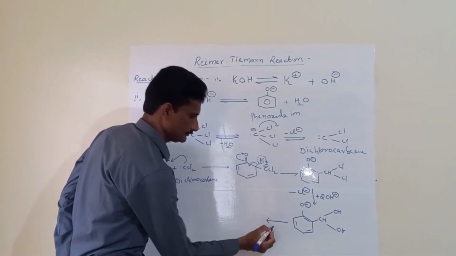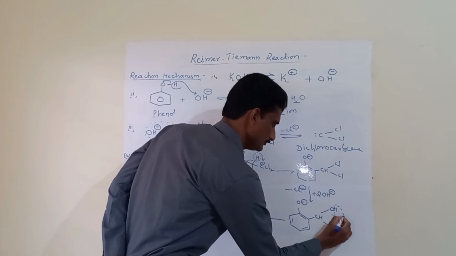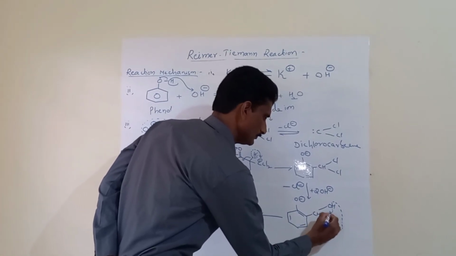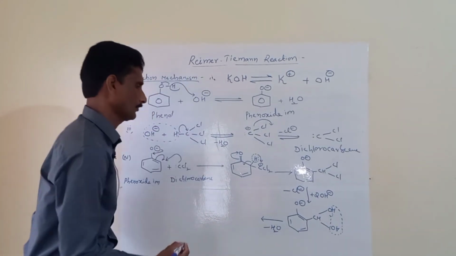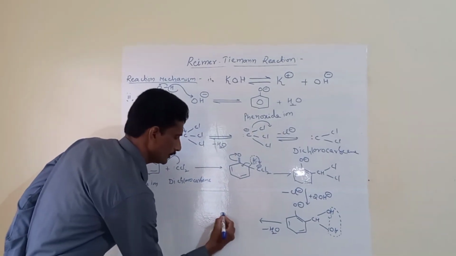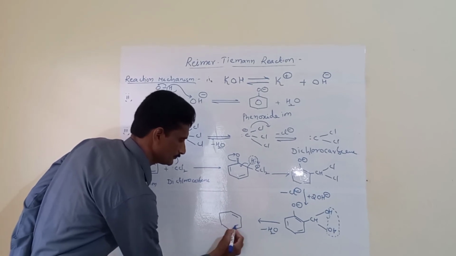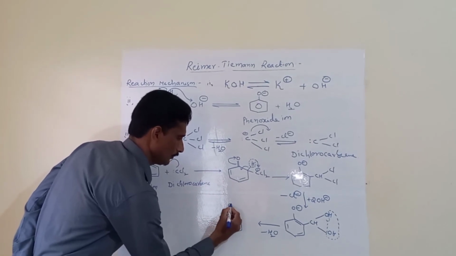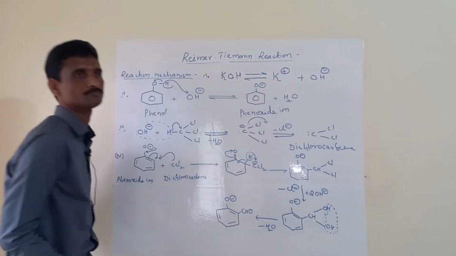Next, here water is eliminated, minus H2O, the remaining one: O minus, here CHO.